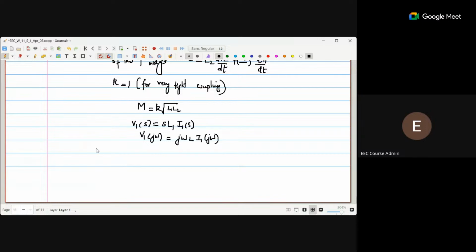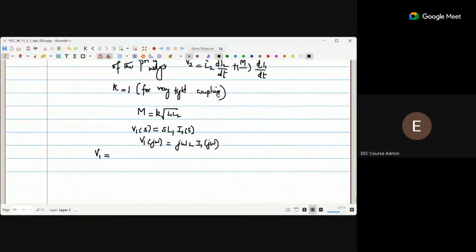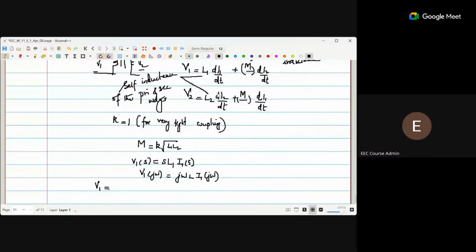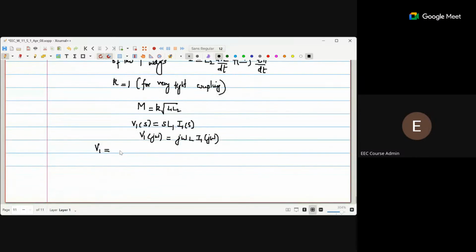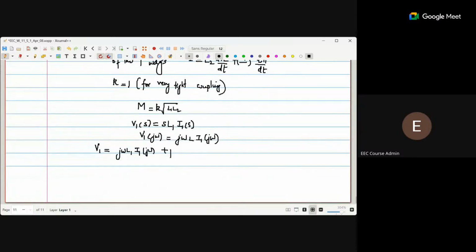So accordingly we will have for the transformer V1 equal to j omega L1 I1 of j omega plus j omega M I2 of j omega. V2 is j omega L2 I2 plus j omega M I1.